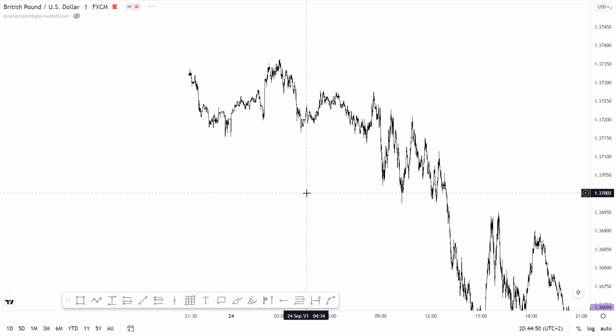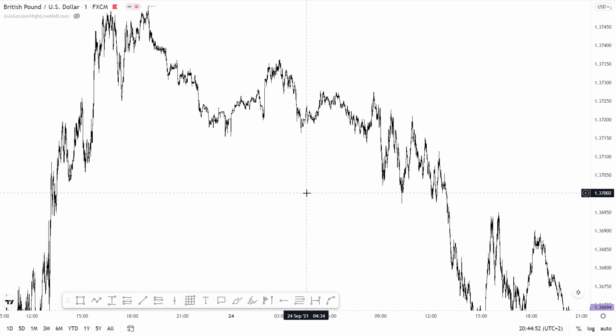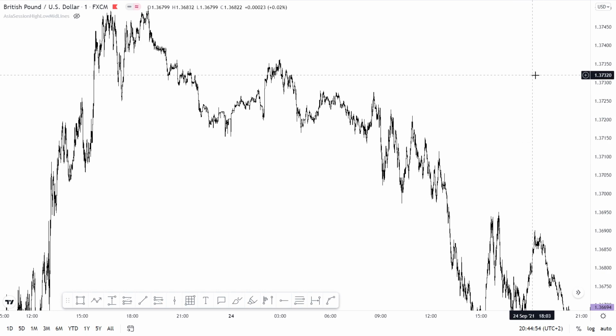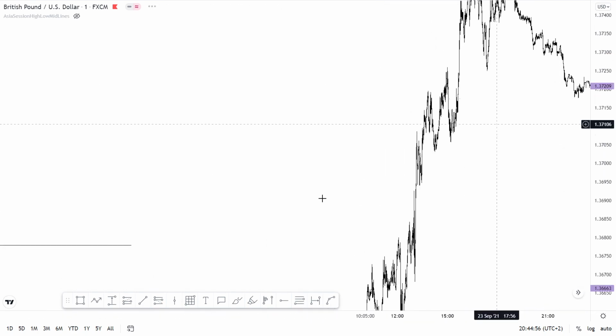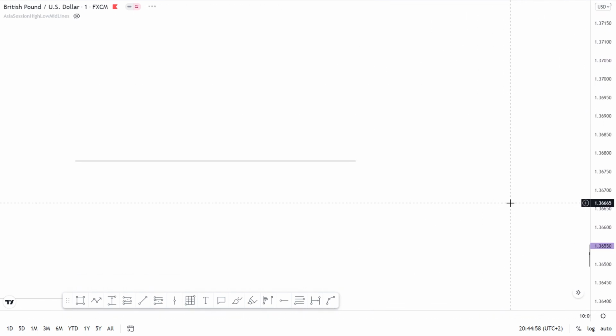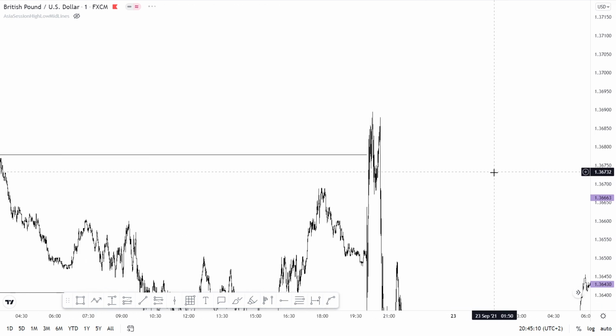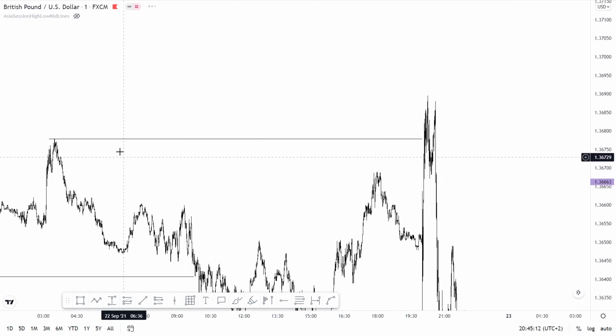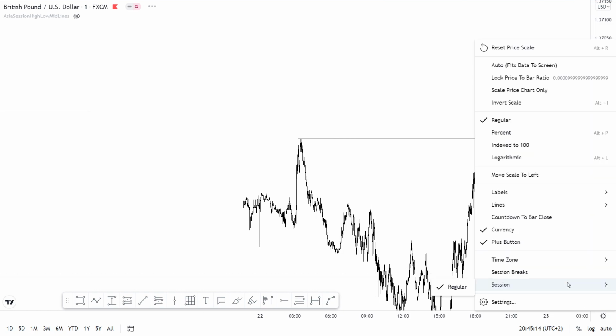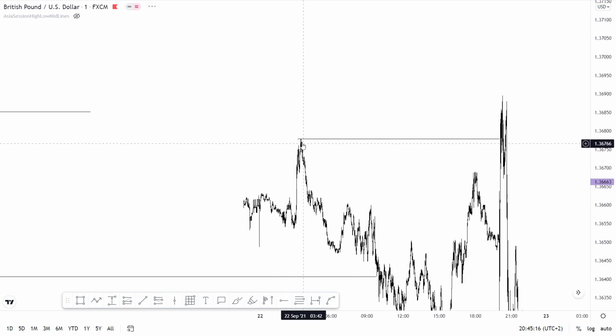You can see it's really slow. I don't know why. So after we took out that buy side liquidity, I think it was the previous day's high, probably.